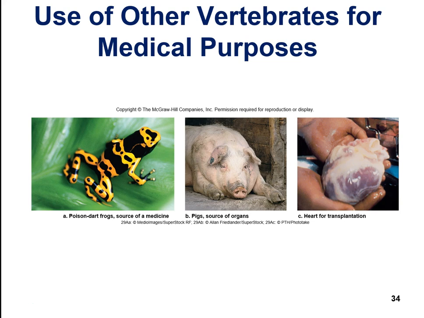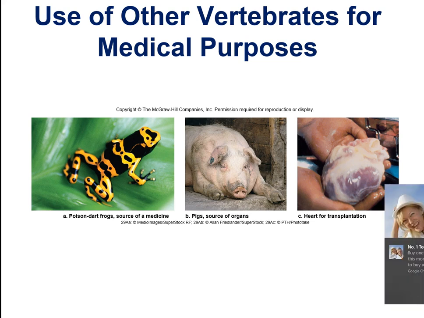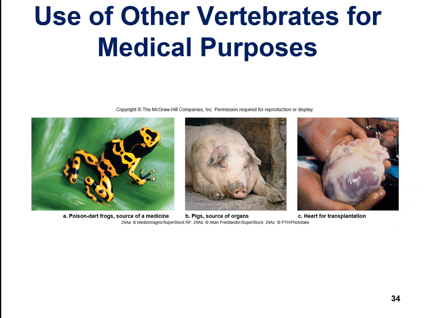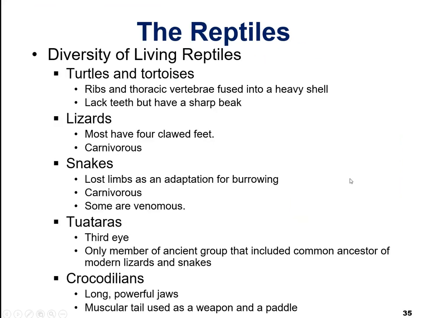So this poison dart frog can be used as a medicine. Pigs are a source of organs, so you can use them for transplants. Oh my goodness. That's what this is showing you here, right? You could potentially transplant a pig heart into a person.